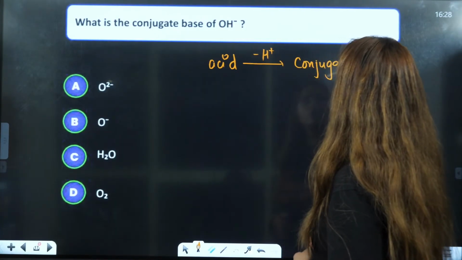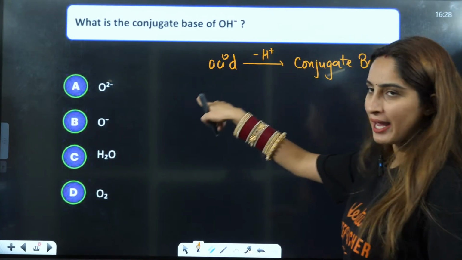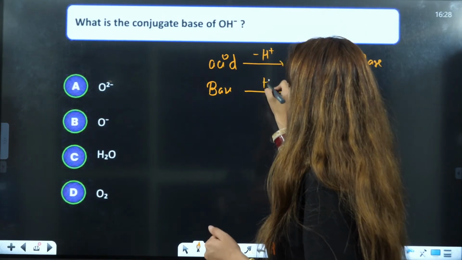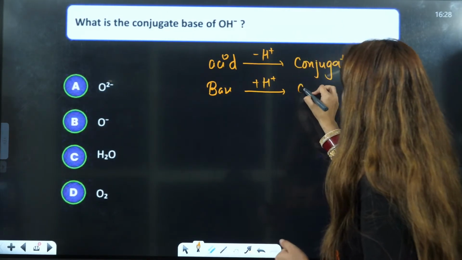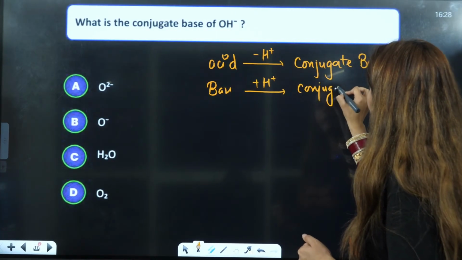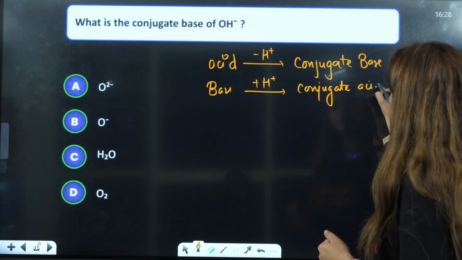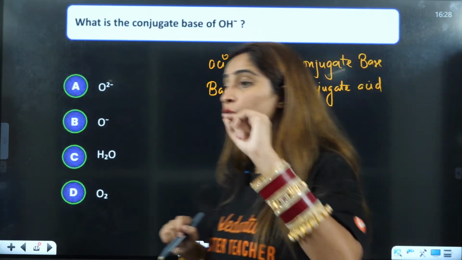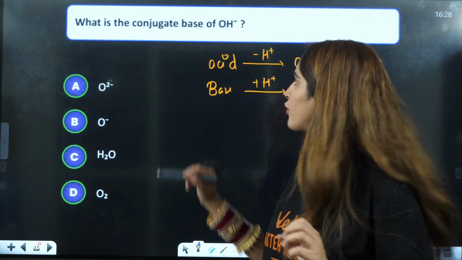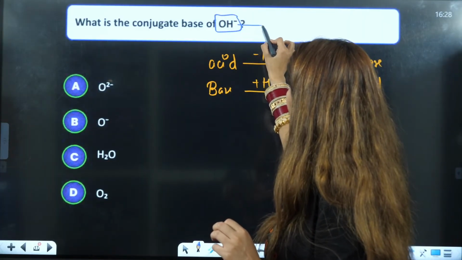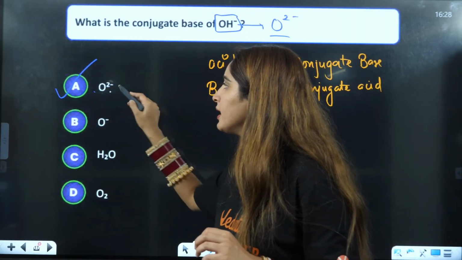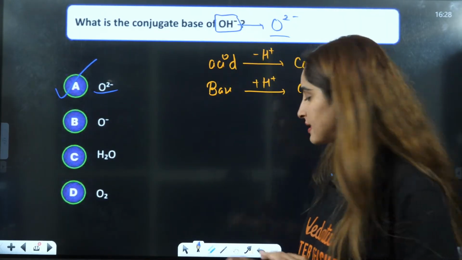Or you can also say a base, after accepting H positive, forms a conjugate acid, right? Now they are asking you the conjugate base. That means you have to take out one H positive from here. When you take out one H positive, it will become O2 negative. So the answer will be O2 negative. That is A, the correct answer.